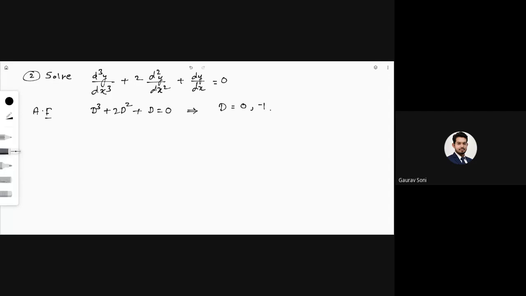I will tell you a technique by which you can identify: take the derivative. What is the derivative of D³ plus 2D² plus D? That will simply be 3D² plus 4D plus 1 equals 0.